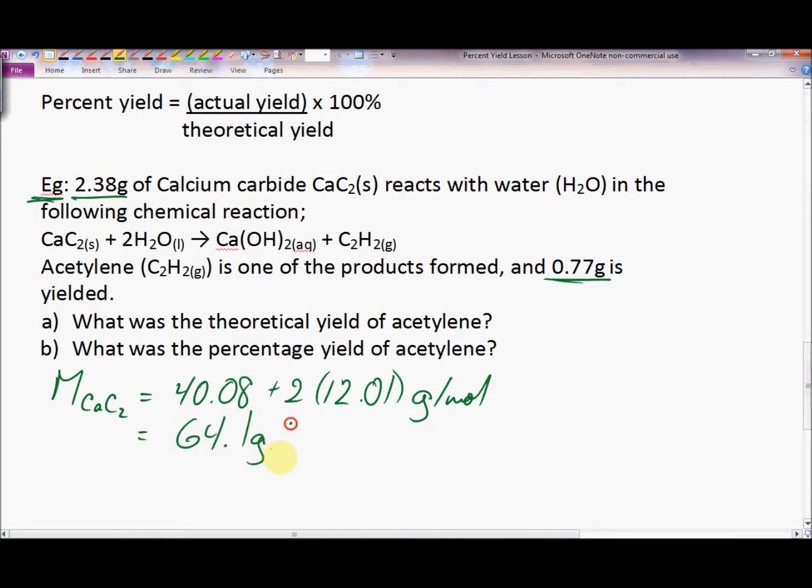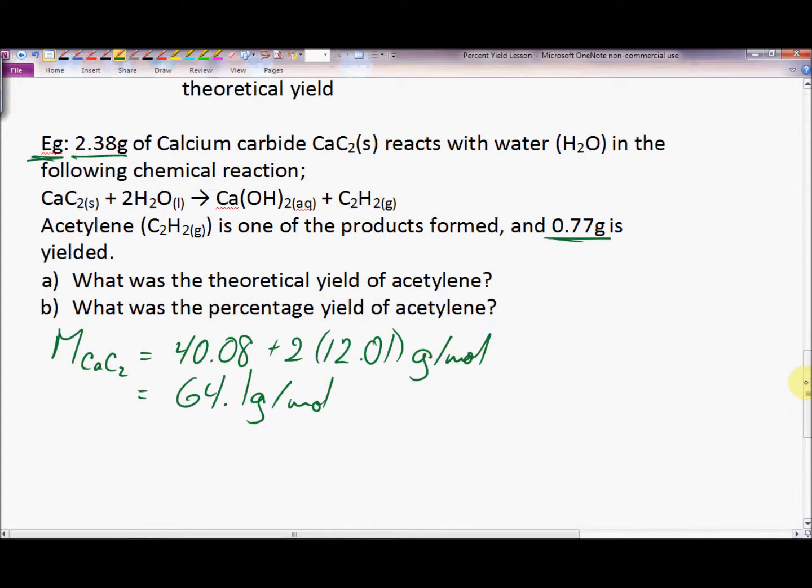Okay, next, following stoichiometry principles, we're going to calculate the number of moles of calcium carbide. That's going to be our 2.38 grams divided by the molar mass, which we just calculated here, 64.1 grams per mole.